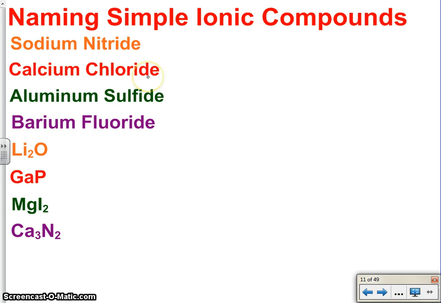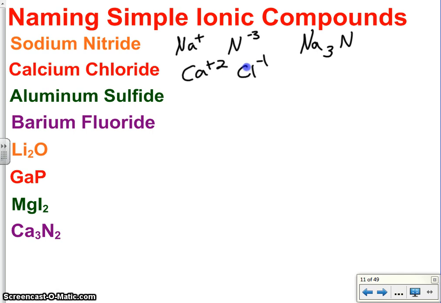Another couple examples. Let's just go through these kind of quickly. We've got sodium, which is Na+, nitride, which is N -3. Cross and drop our charges. We get Na3N. Calcium chloride, Ca +2, chloride Cl -1, and remember these charges are coming off the top of your periodic table where you should have the charges written, but they're also the charges of the families.